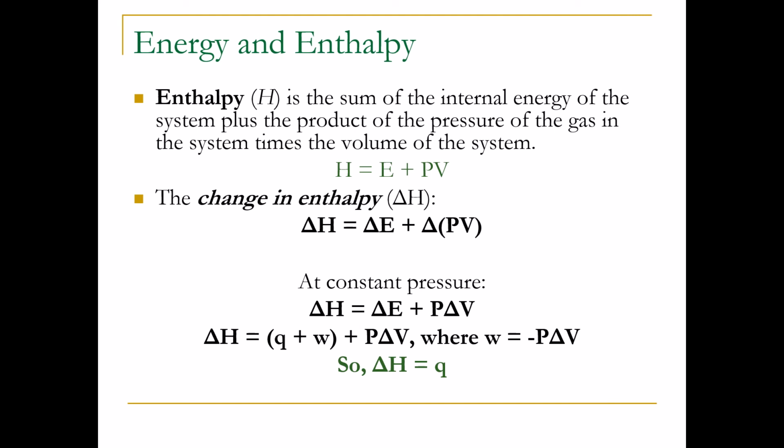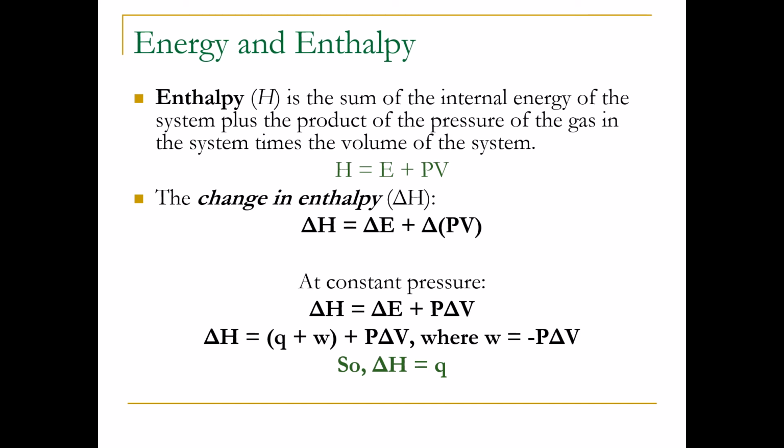So enthalpy is all of our internal energies for a system plus the work done, pressure of the gas times change in volume of the gas. So we're looking at that rearrangement of the energy equation where energy is heat and work. Now we're defining it in terms of the heat, and we say that the heat is equal to the energy plus the work that was done. So we've just rearranged it.